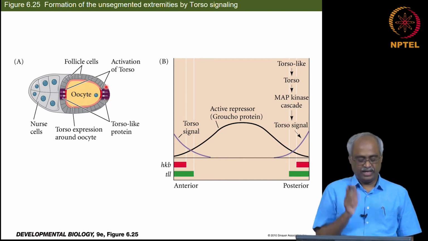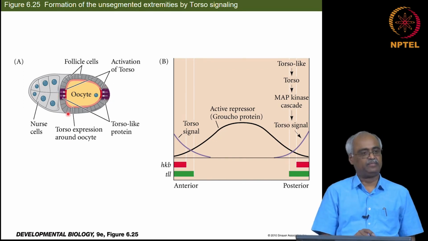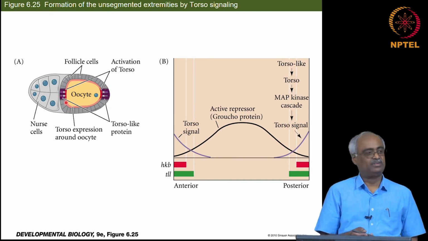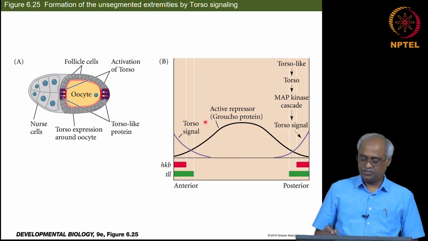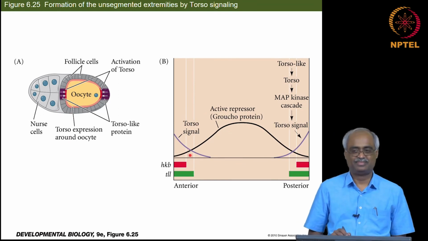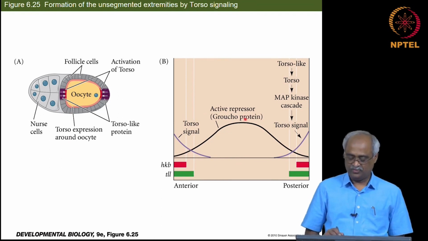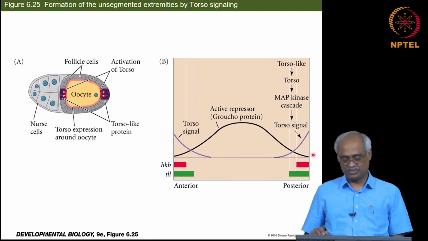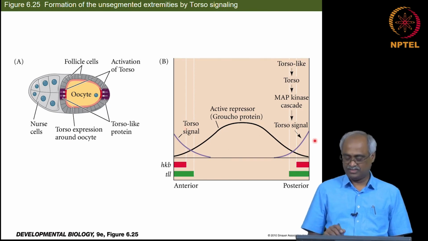Okay. So, as a result you have that signaling there, and what is the consequence of that signaling? This protein Gaucho is going to be suppressed translationally, and therefore it forms a reciprocal gradient to the Torso signaling.